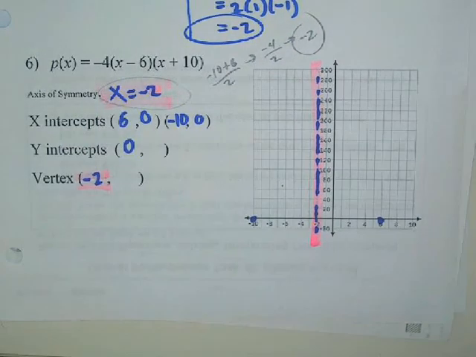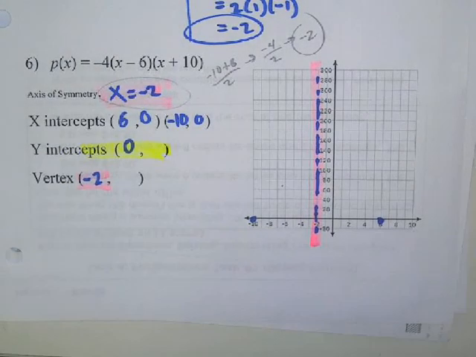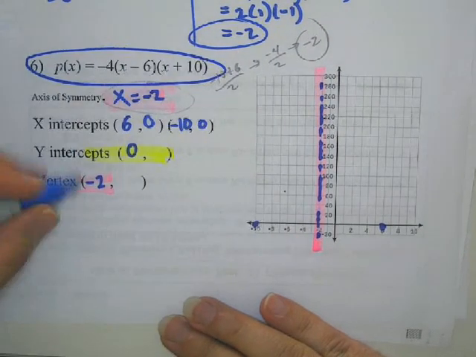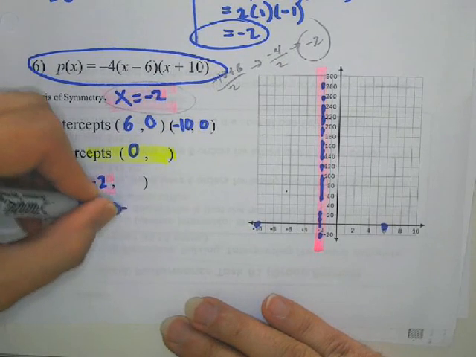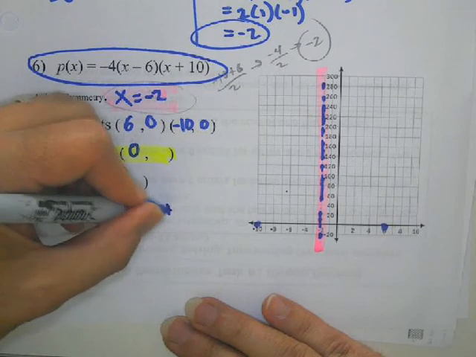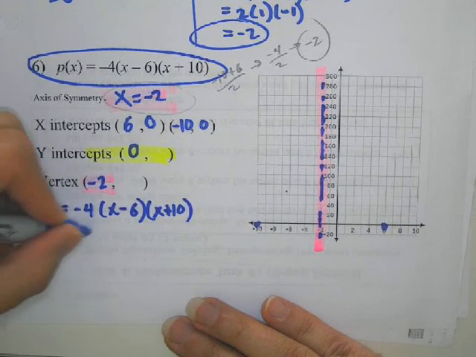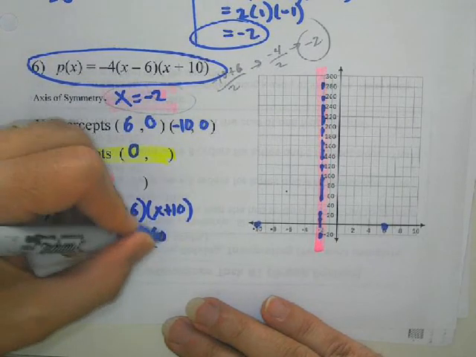This highlighter is no good anymore. Okay, so now let's solve for the y-intercept. Okay, so I'm going to make x equal to 0. So we got our equation here. We've got y equals negative 4 times x minus 6 times x plus 10. And so we've got negative 4 times 0 minus 6 and 0 plus 10.